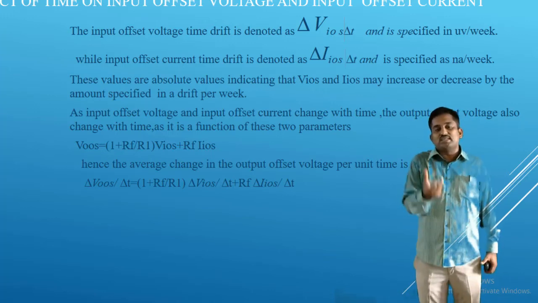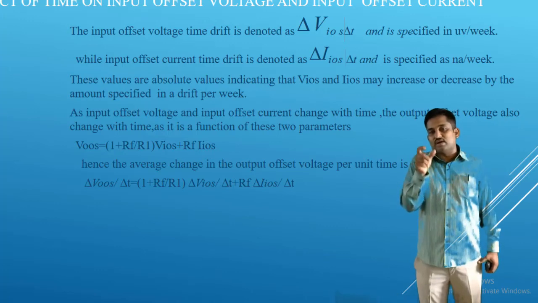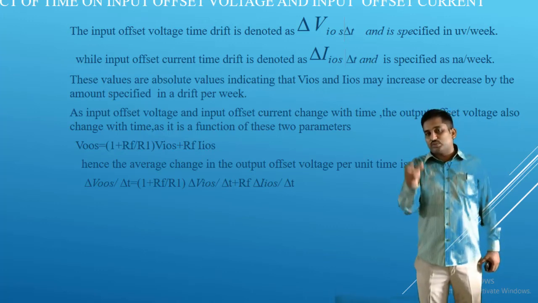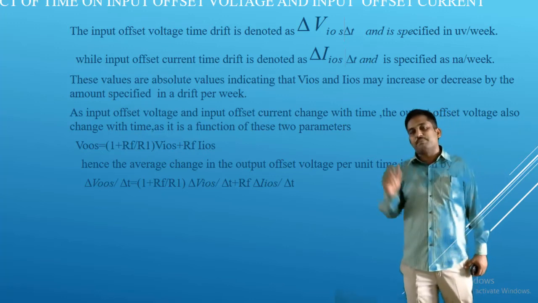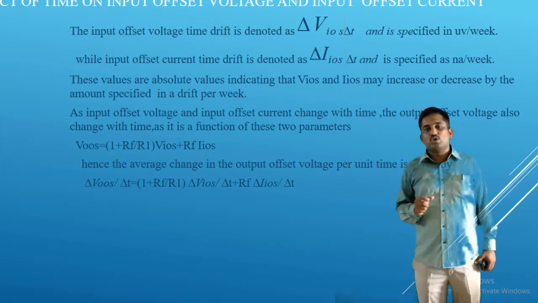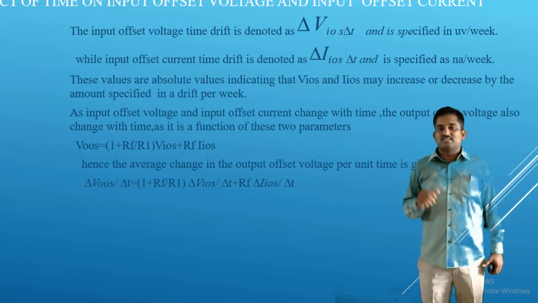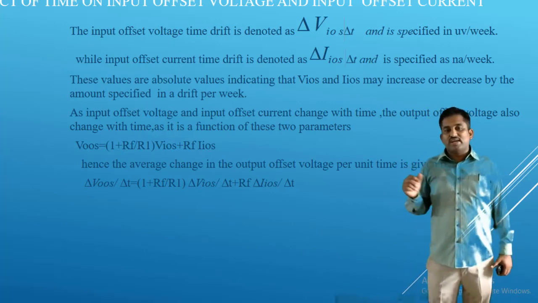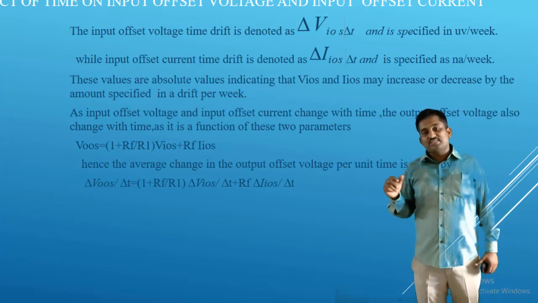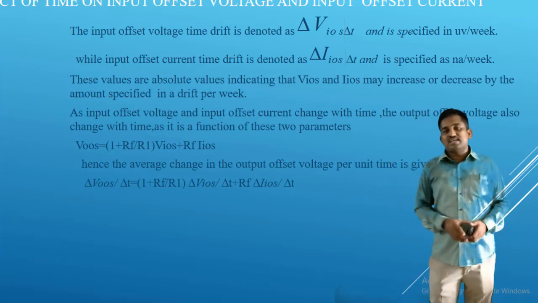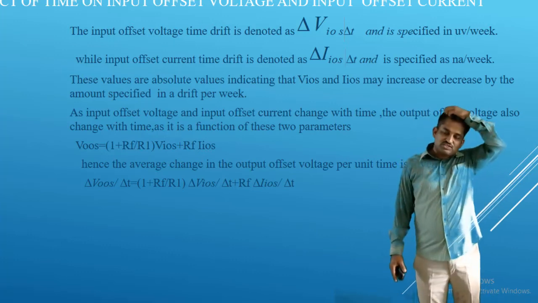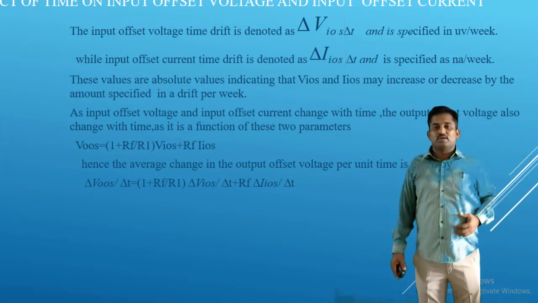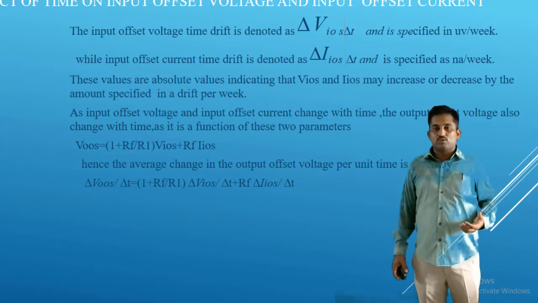It is the ratio of the rate of change of input offset voltage with respect to the rate of change of one of the supply voltages, keeping the other supply voltage constant. So PSRR is expressed as delta VIOS divided by delta VCC, keeping VEE constant, which is nothing but the variation of the offset parameter with respect to the supply voltages.